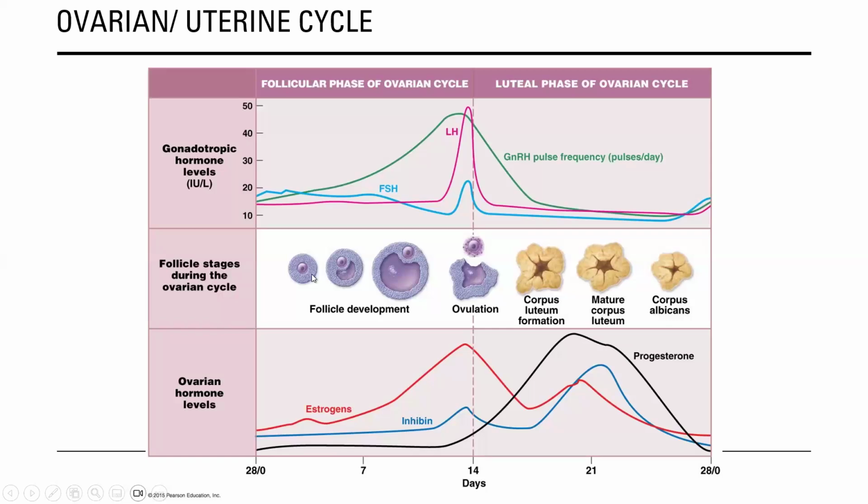I mentioned the follicle development here, where you have the follicular development, ovulation. You can see that you've released the oocyte, and this piece that's left over then becomes the corpus luteum, and this will maintain progesterone levels as long as fertilization and implantation occurs.